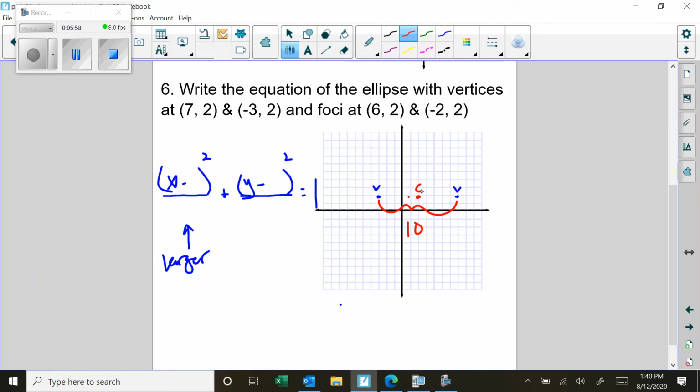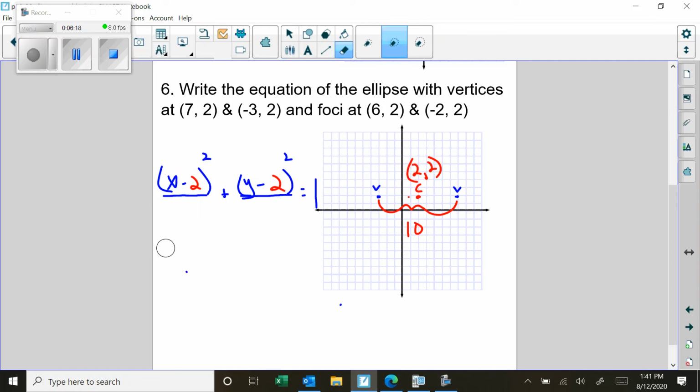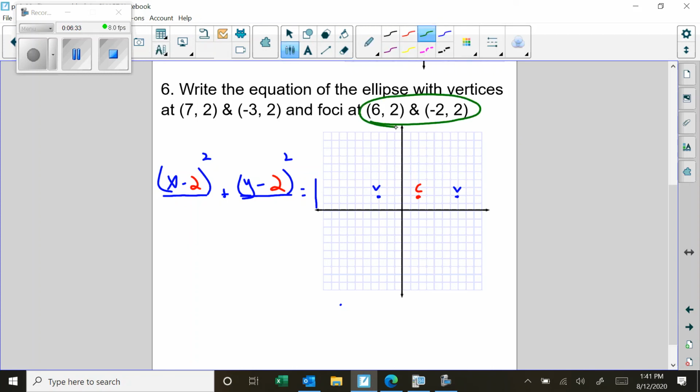We already know a couple values we can put into our equation. That center is at 2, 2. You can see that the skeleton equation has already changed the signs of those numbers of h and k. Let's get rid of some of the stuff that we have on here and clean this up a little bit. Now let's deal with why they gave us these values.